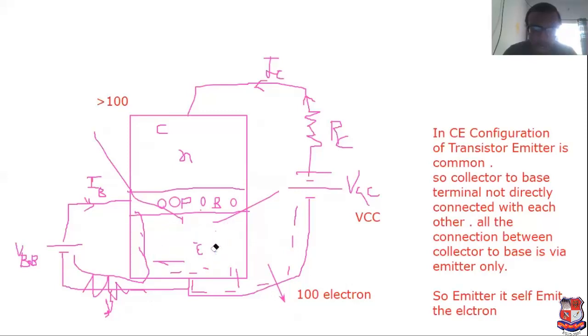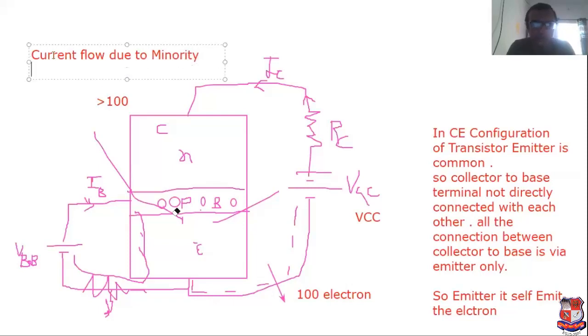See this, leakage current is the current that flows in reverse bias. And what is the meaning of leakage current? Current flow due to the minority charge carriers.